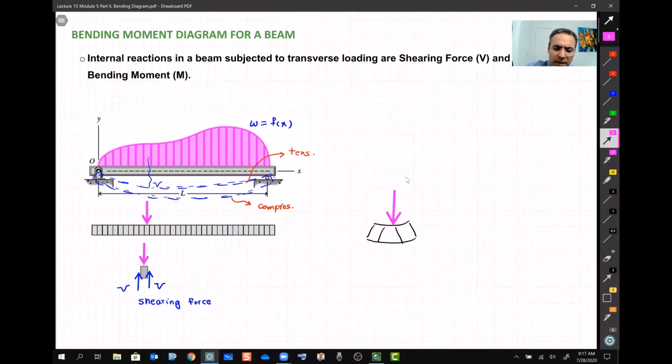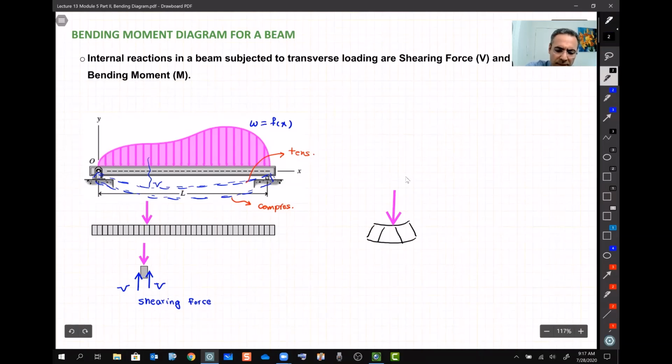And this bending creates, on each cross section, let's say something like that one, which I showed you on a cross section, some compression here and some tension here, right?